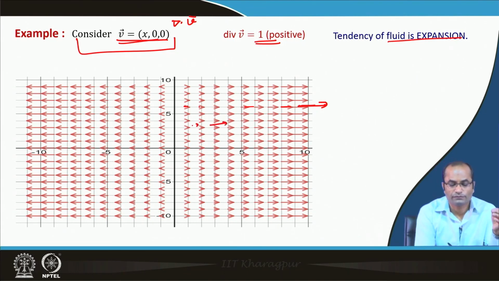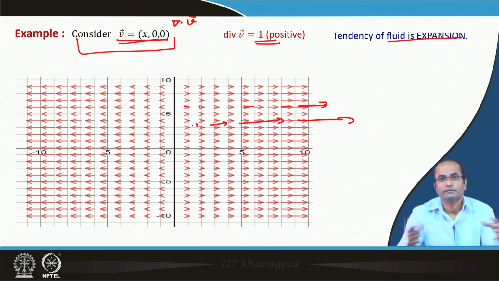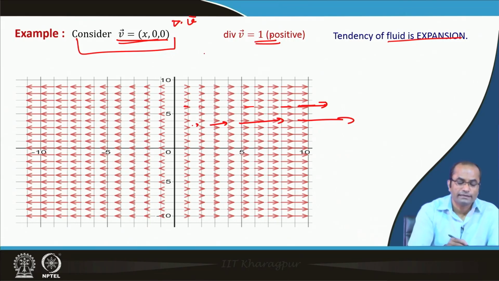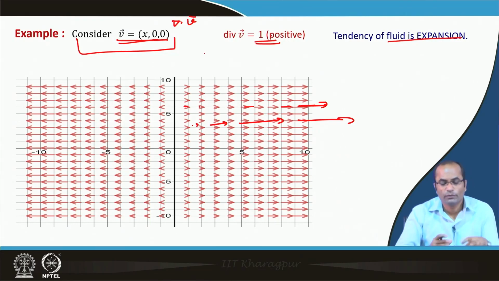So, we have a small vector, then big, then bigger. The tendency is clearly visible from this picture, that the fluid at any point, indeed in this case because the divergence is 1 at any point, tends to expand in this domain.